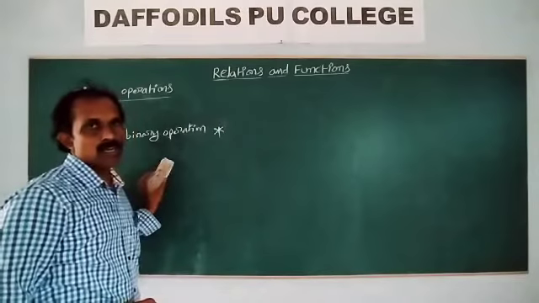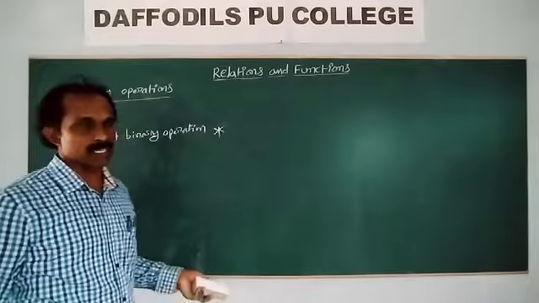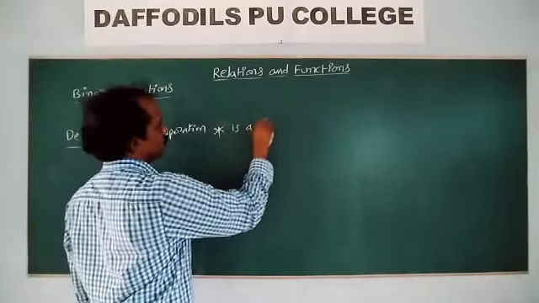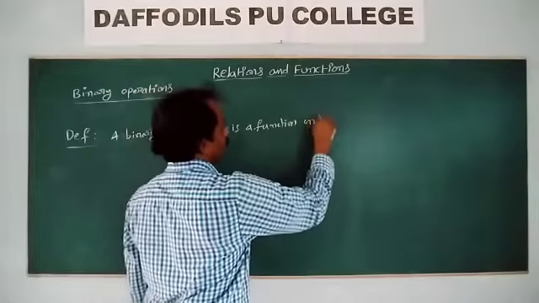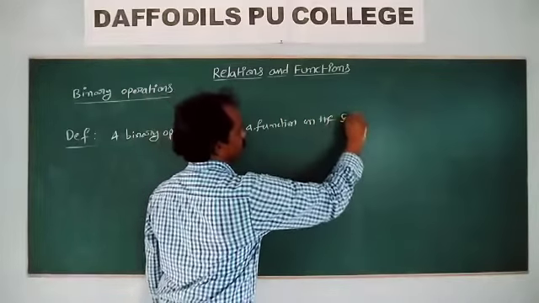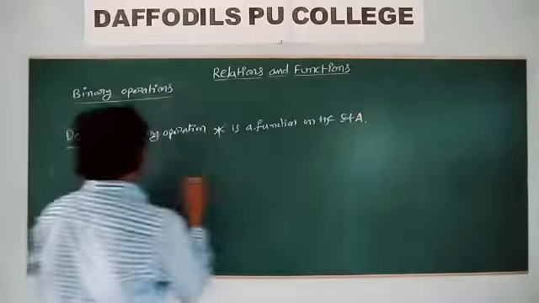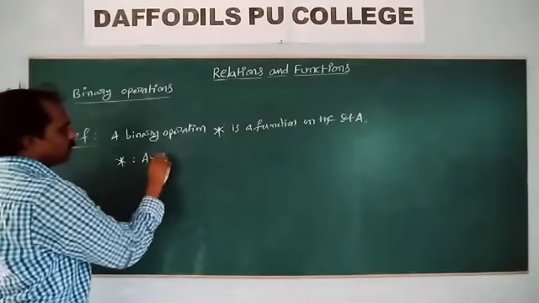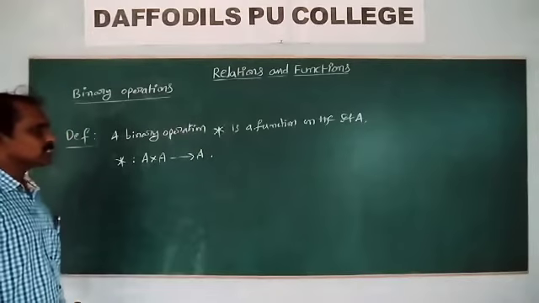Depending on problems, sometimes addition, sometimes multiplication. A binary operation star is a function on the set A. Star maps A cross A to A.